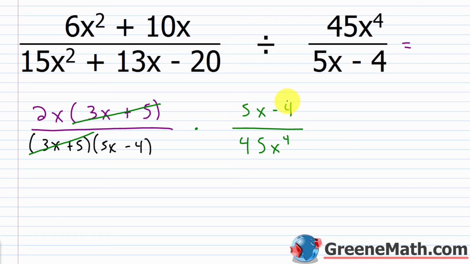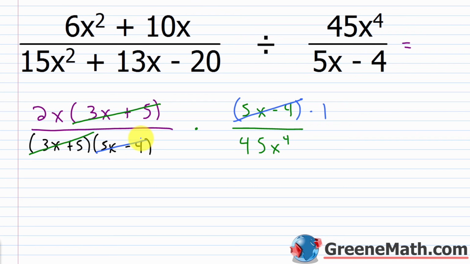Now, what I can do is I can cancel this with this. And again, if you're confused by that, just put parentheses around it like this and say it's times 1. Then you realize it's a common factor. The quantity 5x minus 4 is canceled with the quantity 5x minus 4.